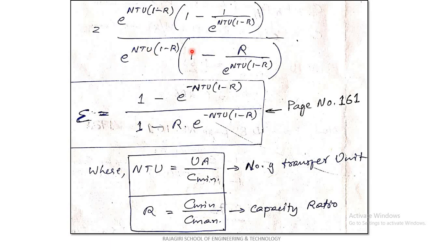Here also you will get e raised to NTU into 1 minus R multiplied with 1 minus R by e raised to NTU minus R. You can cancel these two terms, and get an expression as 1 minus e raised to minus NTU into 1 minus R, by 1 minus R into e raised to minus NTU into 1 minus R. This standard equation you can find at page number 61. Here NTU is UA by C minimum and R is equal to C min by C max.